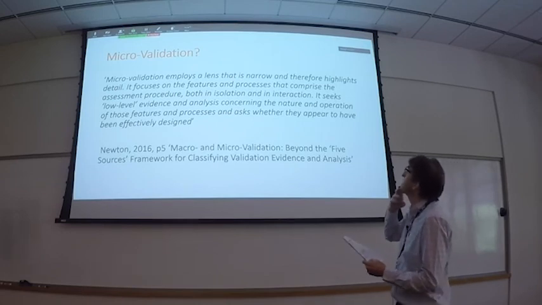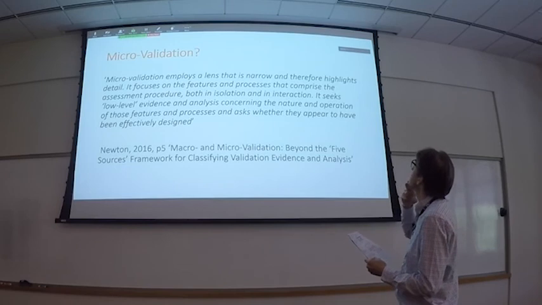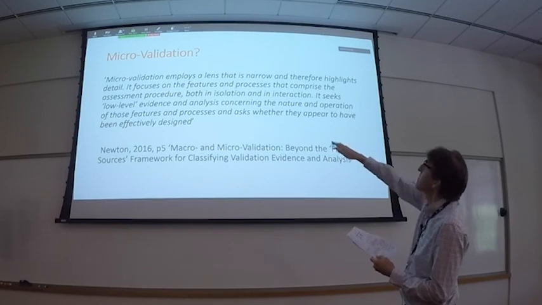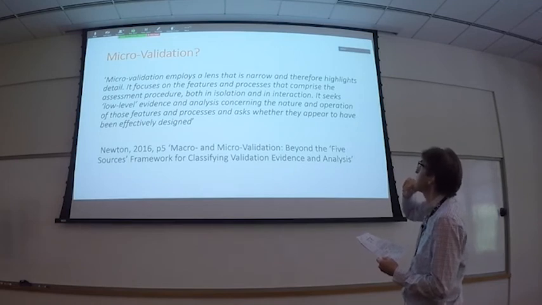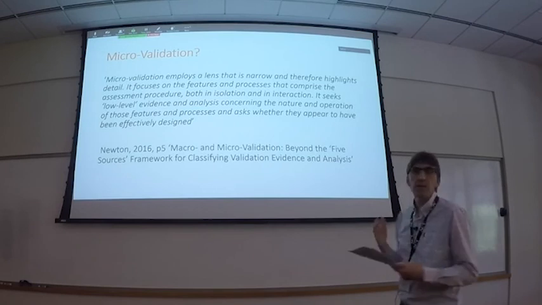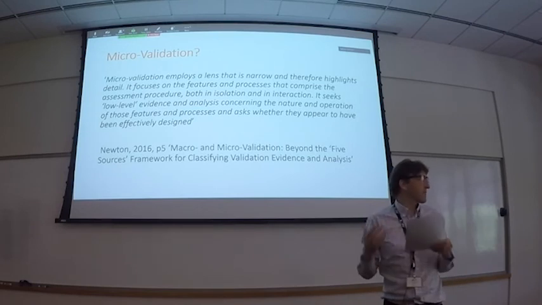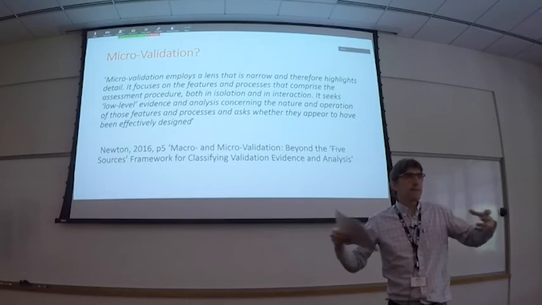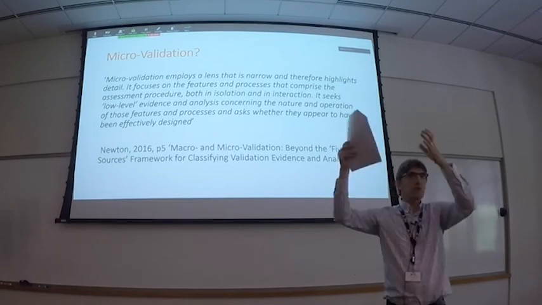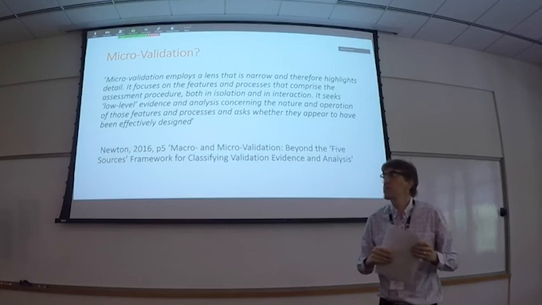He's talking about how we can capture process data in interaction, and he describes that as low-level evidence. When he talks about low-level evidence, he's not trying to be disparaging or say it's not important. What he's saying is that it's the low-level evidence that helps to contribute to a higher level validity judgment.